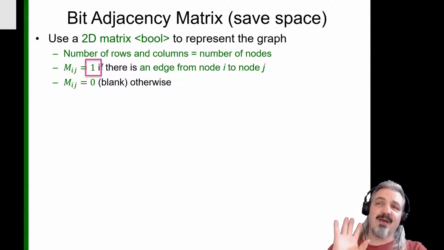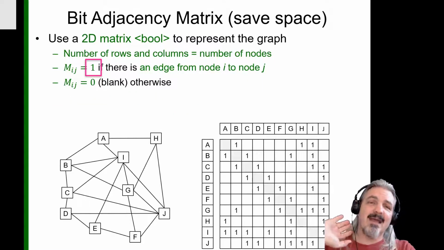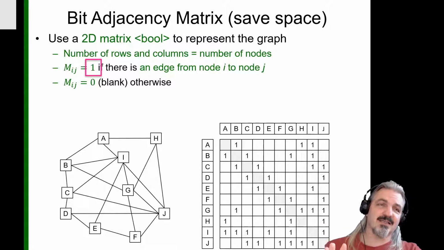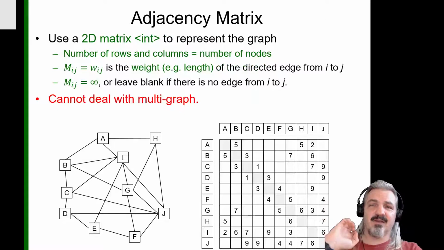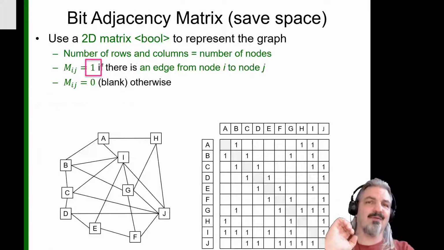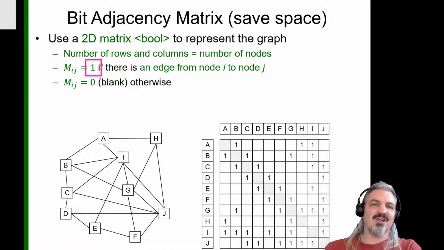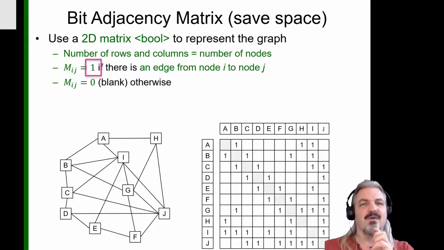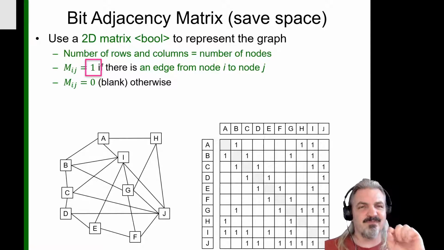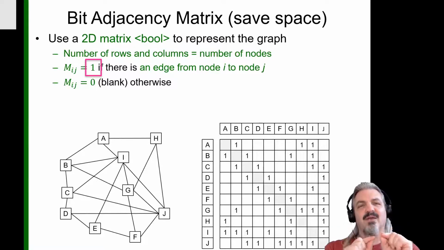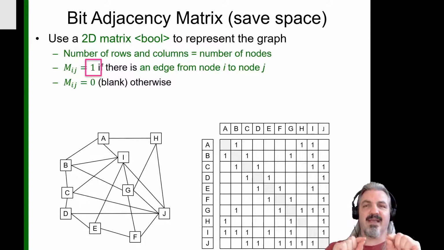We can have a slightly different version, which is the bitwise adjacency matrix, where they try and save even more space by saying, well, rather than just having the numbers here, how about we have just a binary representation, so bits that represent whether or not something's connected or not. And so now this is very fast and very small for looking up the truth or false of connections.